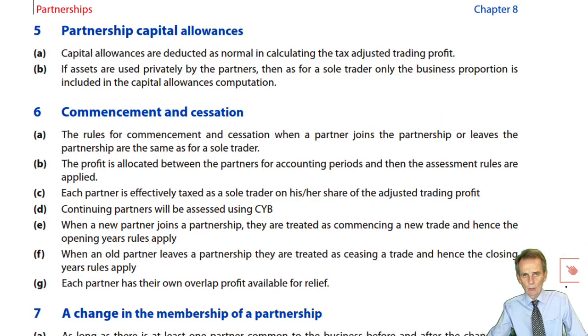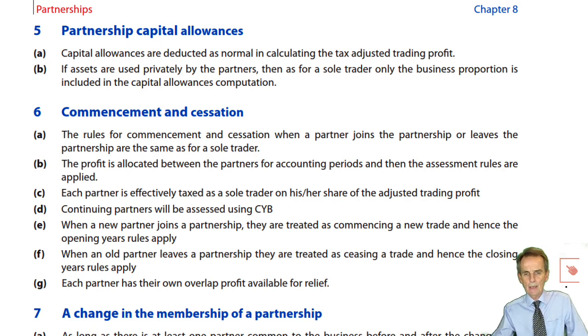Well, an issue that we've already mentioned but is referenced here in section 5 is of course that in deriving the tax adjusted trading profit that we then split between the partners using the agreement in force during the accounting period, having in the adjustment of profit added back depreciation as a non-allowable expense, we will then have replaced that with a deduction for capital allowances. Now again, that will be done for the partnership.